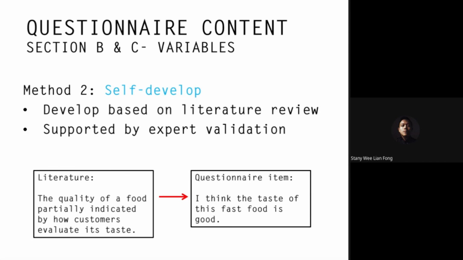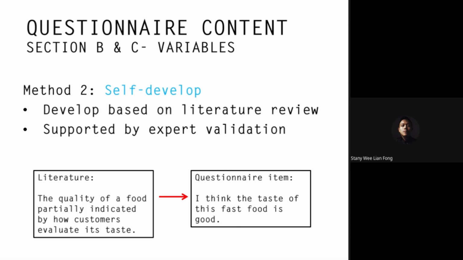For example, let's say the variable is called food quality. And in your literature, it is stated that the quality of food may be partially indicated by how customers evaluate the taste of the food. This might be something that you found in the literature.